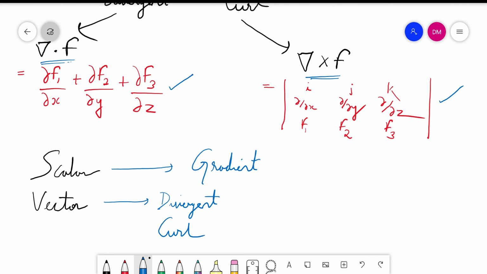Now let's move towards the normal vector, unit vector, and directional derivative.